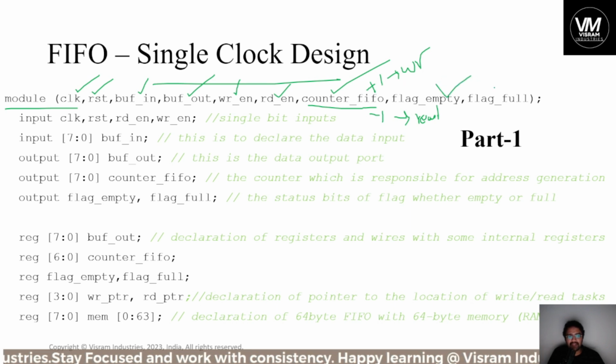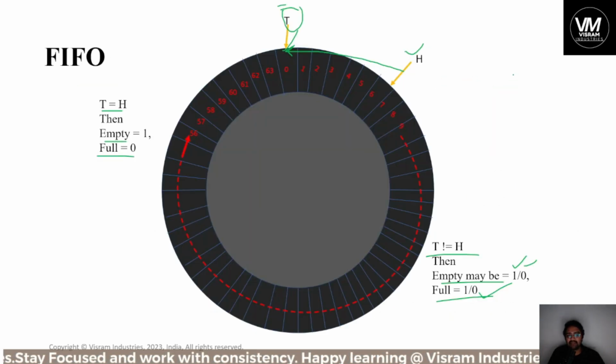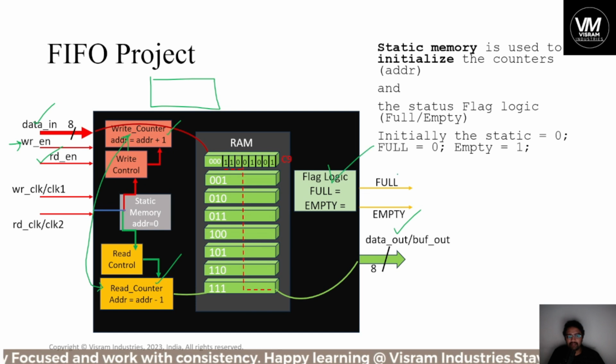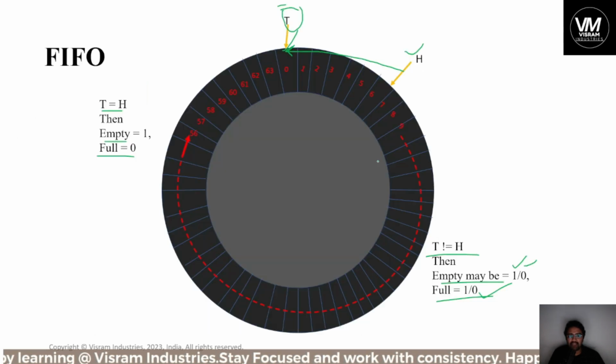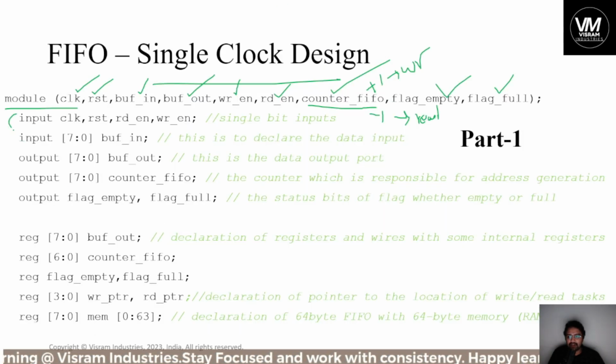Now flag empty and flag full. We should know the flag empty and flag full, right? Those full and empty flags should be known. Did we consider all those? We have considered all those things: clock, write enable, read enable, data in, buff input, buff output, full and empty. Let us go to the code. You have declared the inputs.